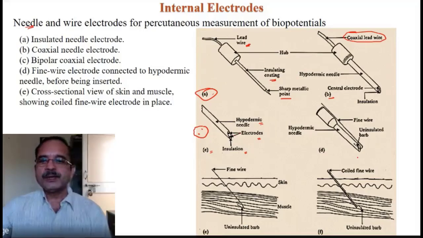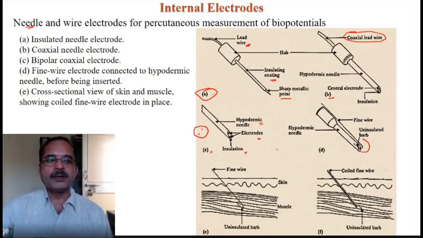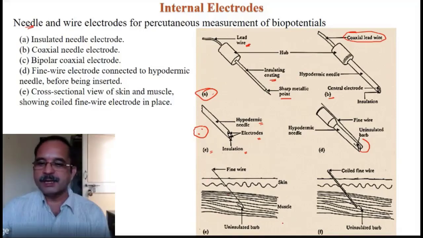Then D is a fine wire electrode connected to a hypodermic needle. This wire is brought outside and then connected from outside. Then E and F show a cross-sectional view of the skin and muscle with a coiled fine wire electrode in place.